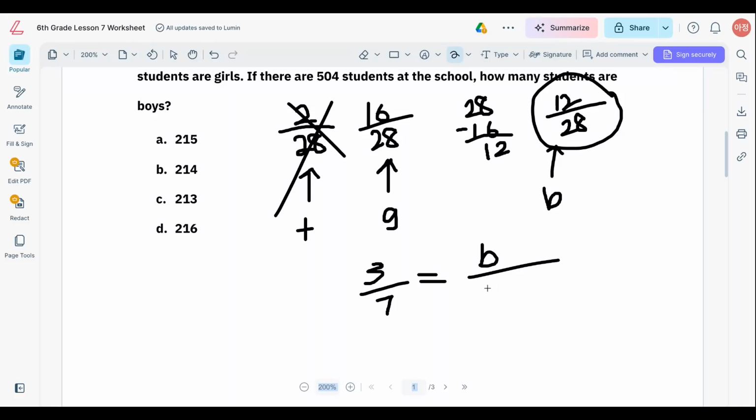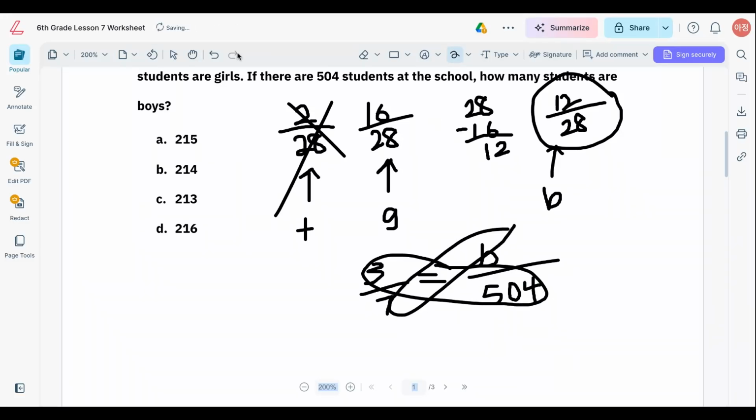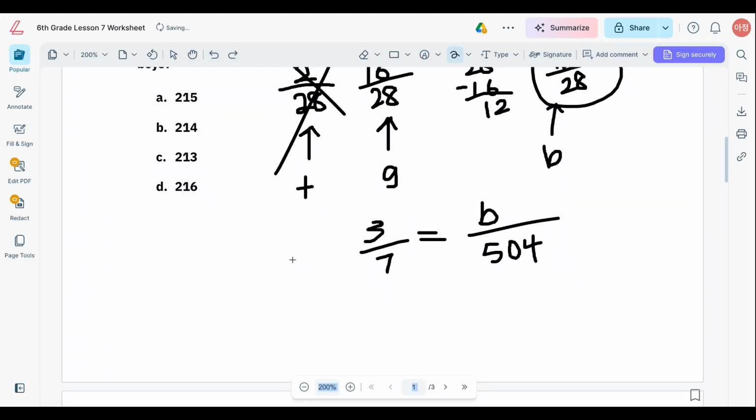And then the total has to be 504. Now we just cross multiply this way and this way. So 7 times b would just be 7b. And 504 times 3. Let's try that.